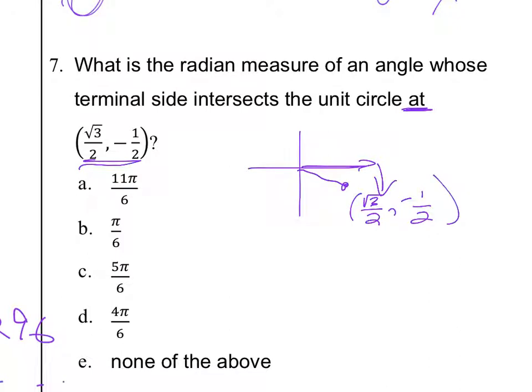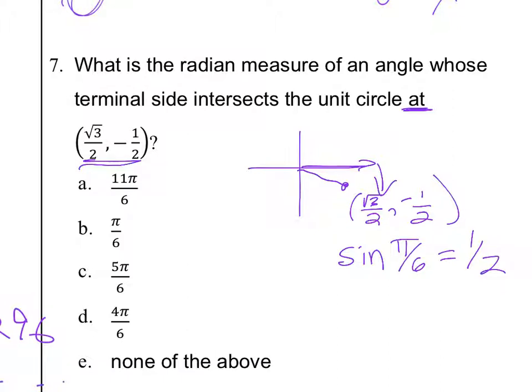Since it's a unit circle, remember I told you the only thing I've memorized is the sine. The sine of pi over 6, that's a 30-degree angle, is 1/2. So sine is my y value, so negative 1/2.